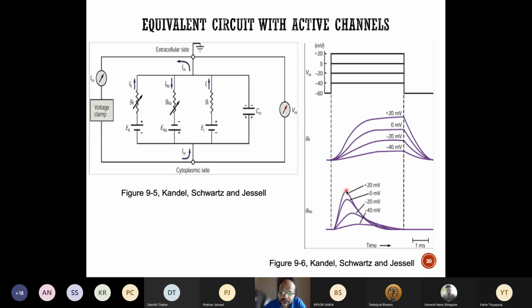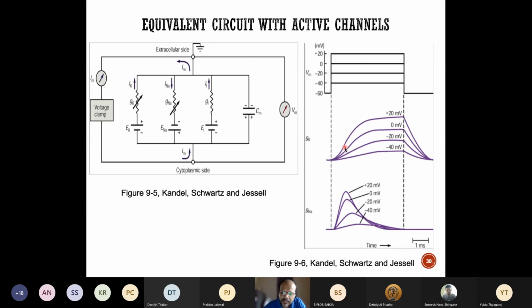This causes a massive depolarization in the cell, and the potential starts to reach the equilibrium potential of sodium. However, there's an interesting mechanism that causes these sodium ion channels to inactivate after a while. And this is just a function of time. After a while, they start to get inactivated. So their conductance starts to fall.